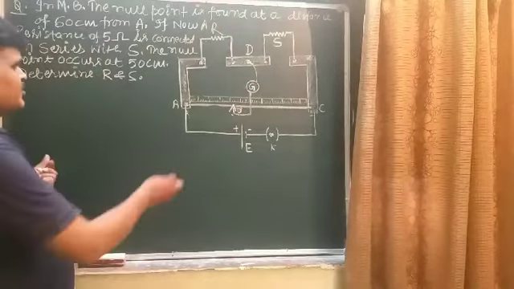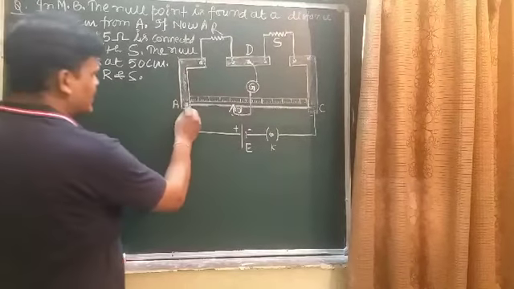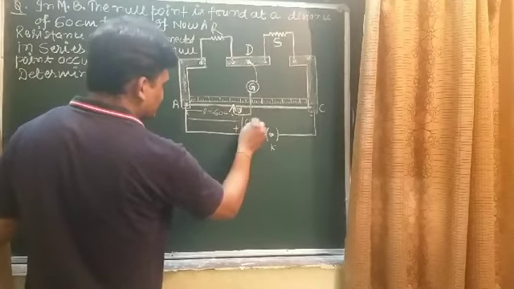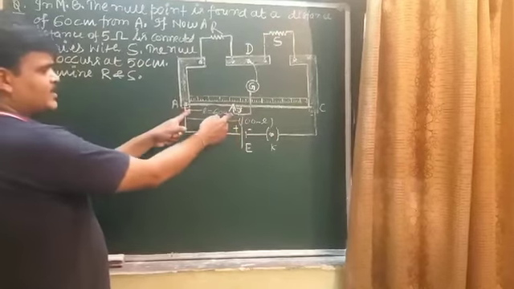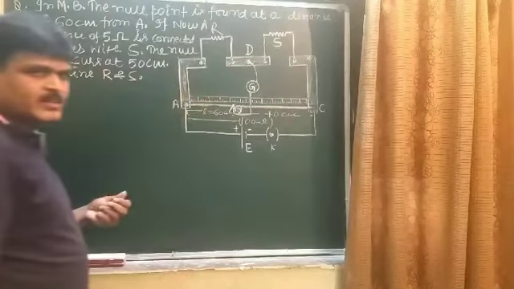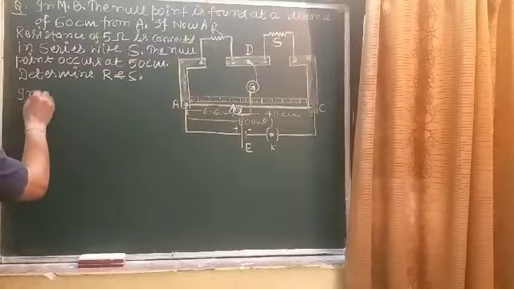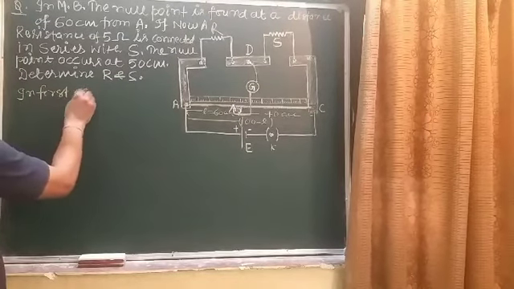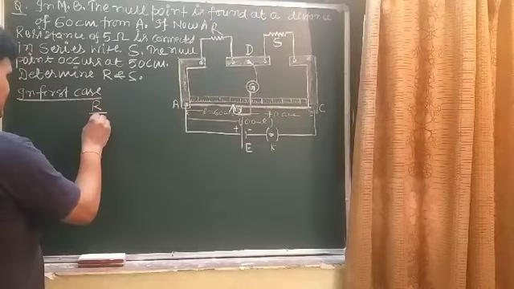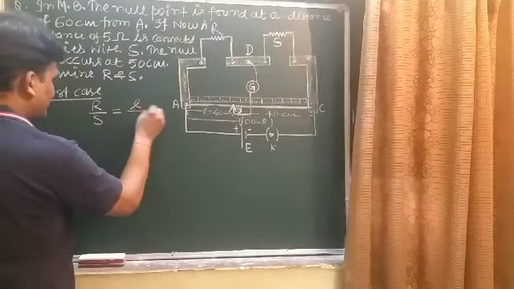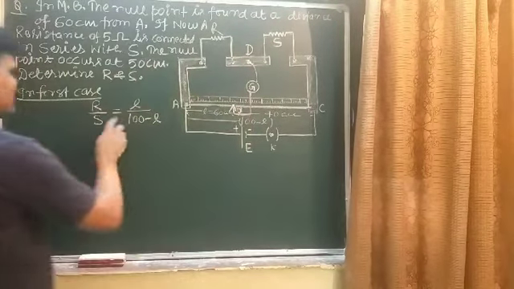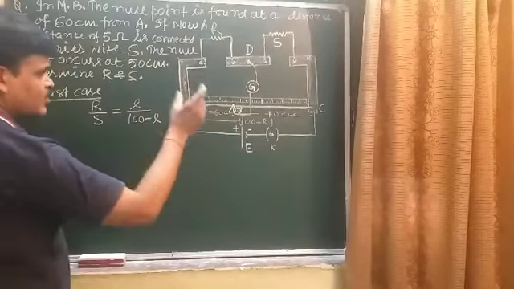In the first case, the null point L is 60 cm, so 100 minus L is 40 cm. Students, you know the formula we derived earlier: R by S equal to L by 100 minus L. In the first case, there is no change in R and S, and at the null point there is no deflection in the galvanometer, so the bridge is balanced.